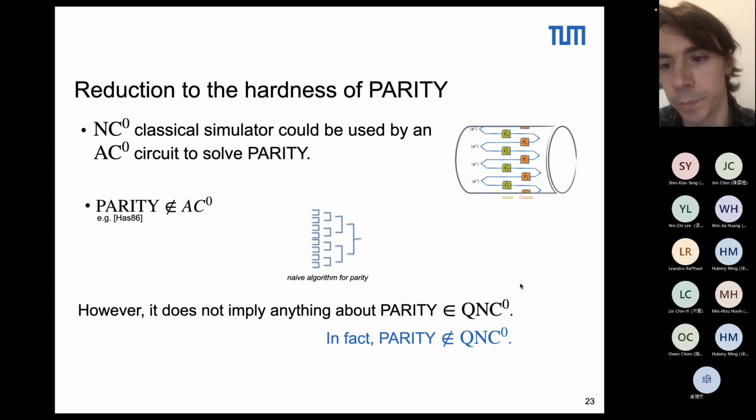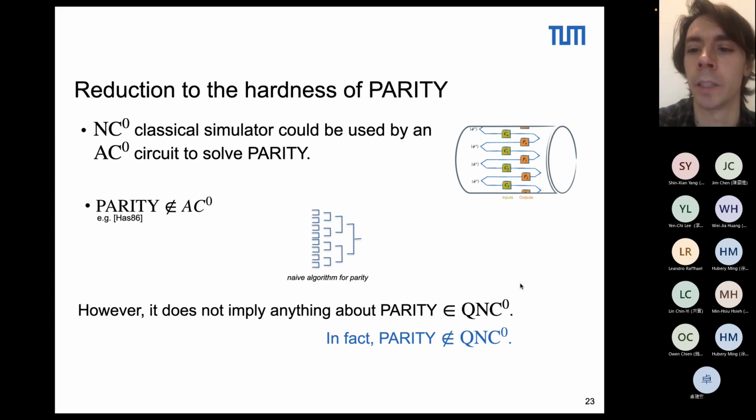So what we're showing is that the probability distribution that the quantum circuit simulates could not have been produced by a classical circuit, because if a classical circuit could have done it, it would also be able to compute parity. And parity cannot be computed in constant depth.